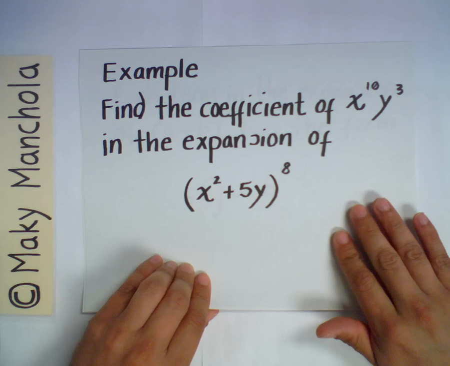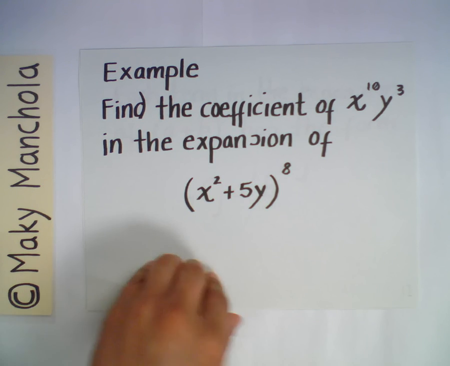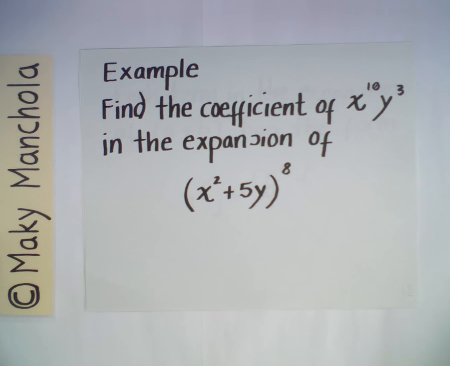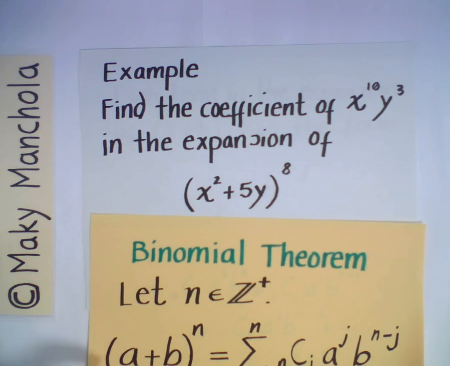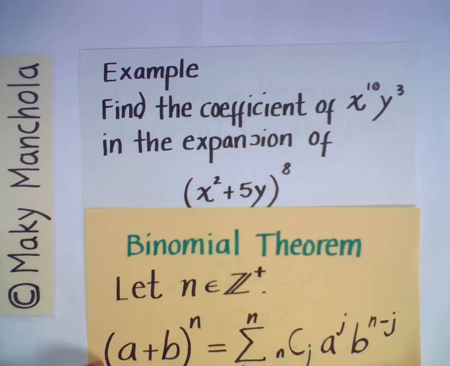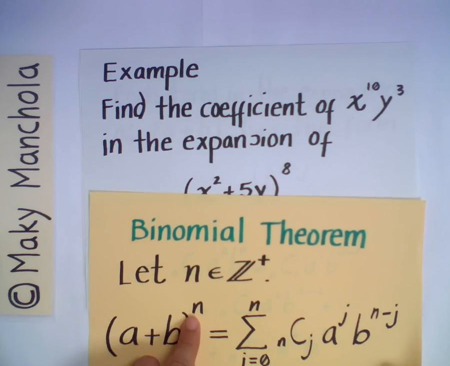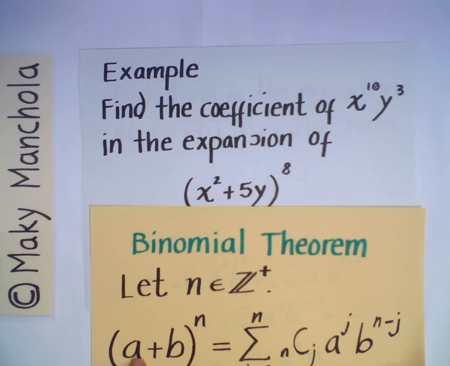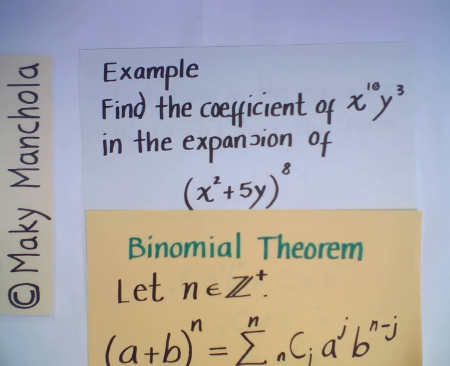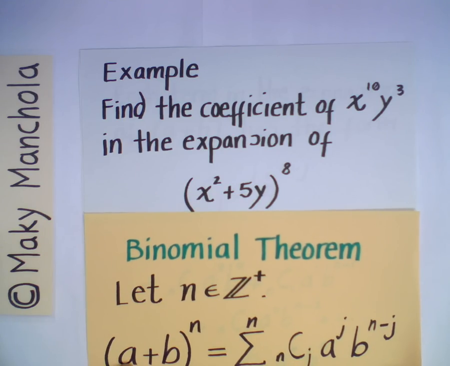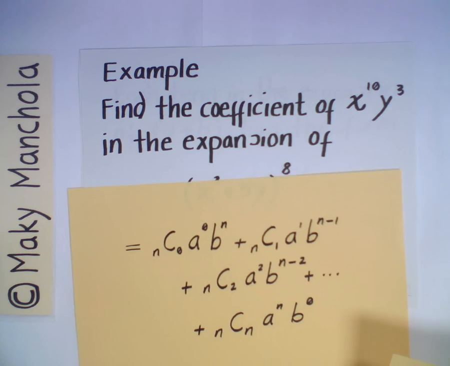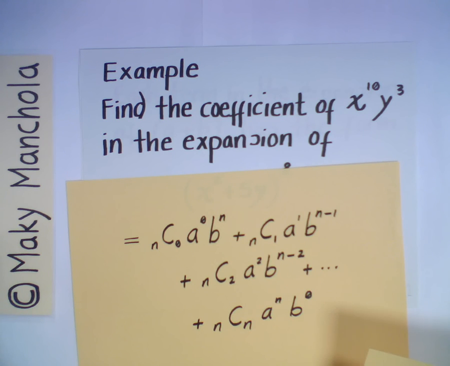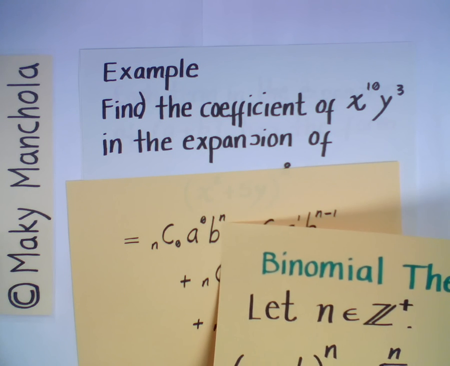One way of doing the problem, though, would be to go back to our binomial theorem and write the expansion. In that case, n would be 8, the a part would be x squared, and the b part would be 5y. You could write out the binomial expansion you get from the binomial theorem in the case n equals 8.